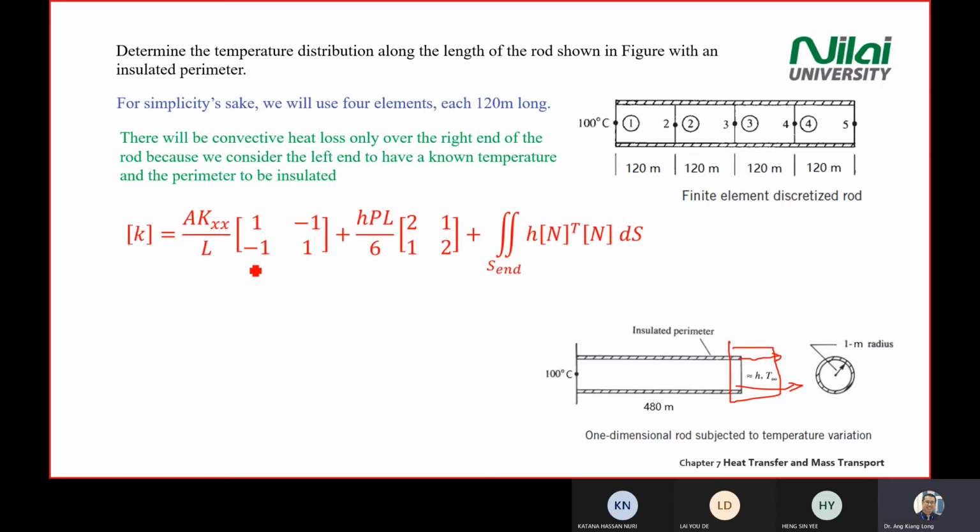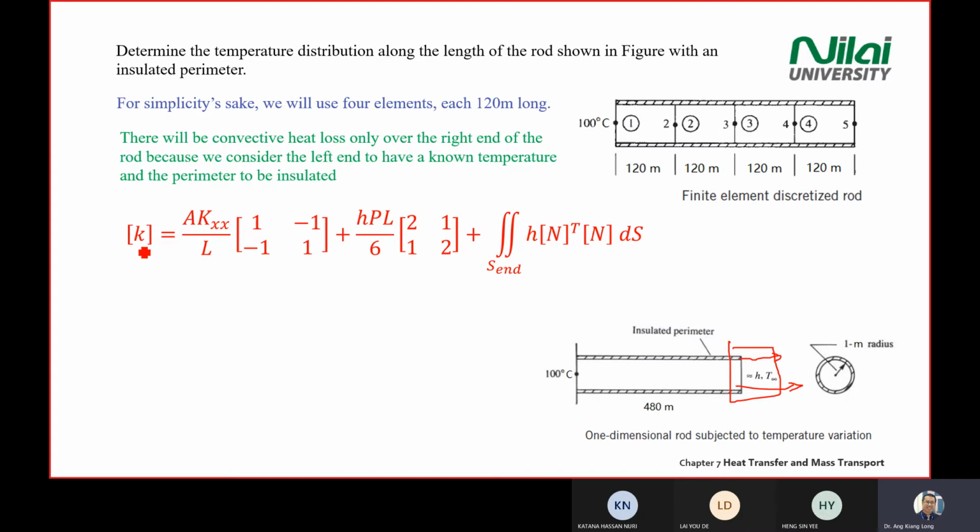So I pull out the first equation that I keep mentioning just now. We look at the K matrix, or the conductivity matrix. As you can see here, I'm using a small k. It means that we look at the element first. If I write capital K, it means we already look at the global dimension, where we have come to the last few steps.